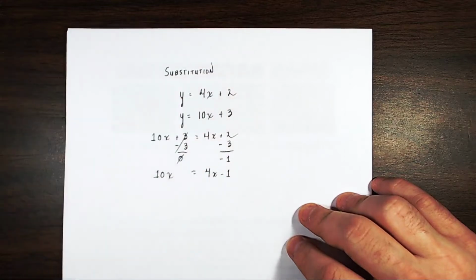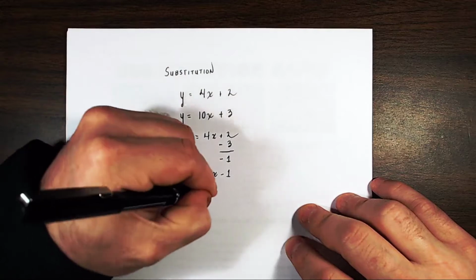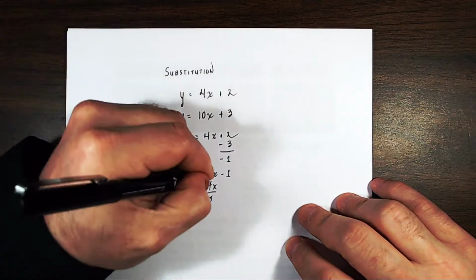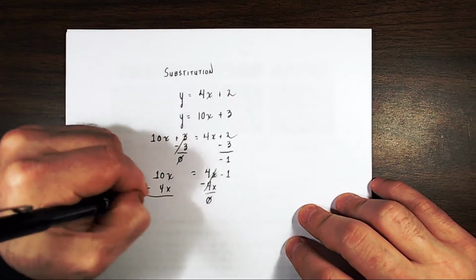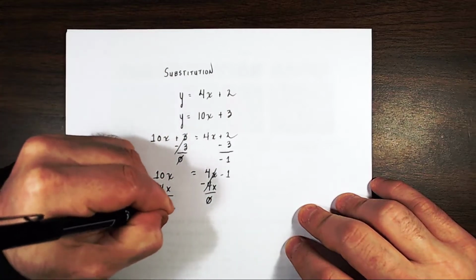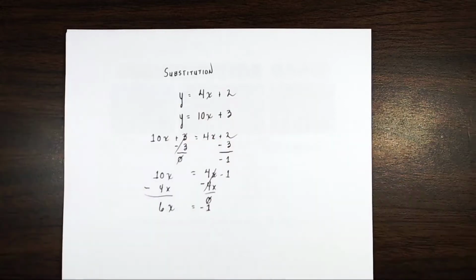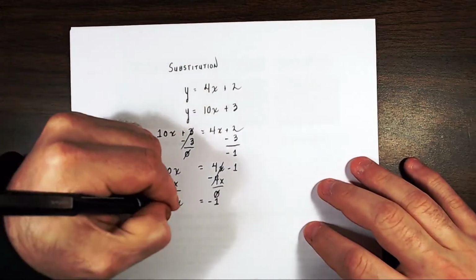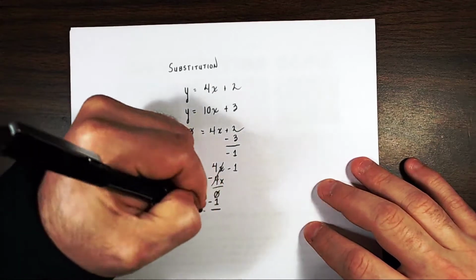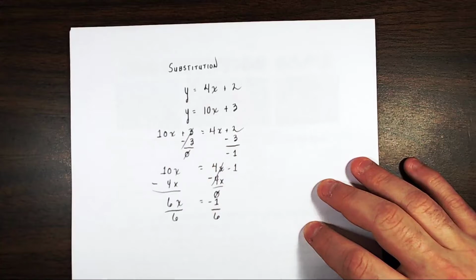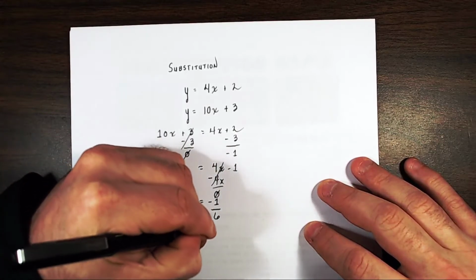Remember, I want to get x by itself, so I will now subtract 4x from the left, bringing it to 0, and 4x from the right, bringing it to 6x equals negative 1. I'm not done yet because I need to divide out the 6 on the left and divide out a 6 on the right. That will leave me with x equals negative 1/6.